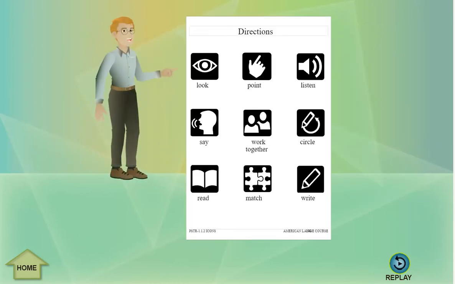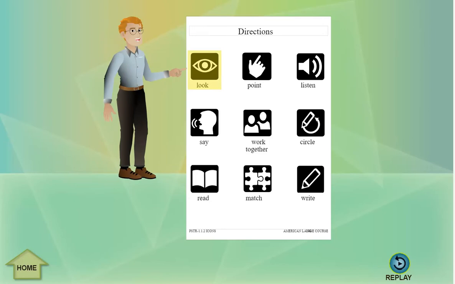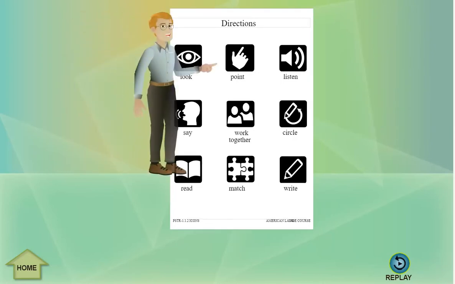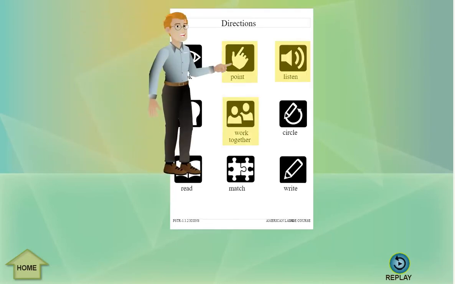The instructor will point at Look on PSTR 1.1.2 commands. The instructor will say it, then elicit Look from the students. If students don't remember, say the word Look. Repeat these steps for icons, listen, point, and work together.